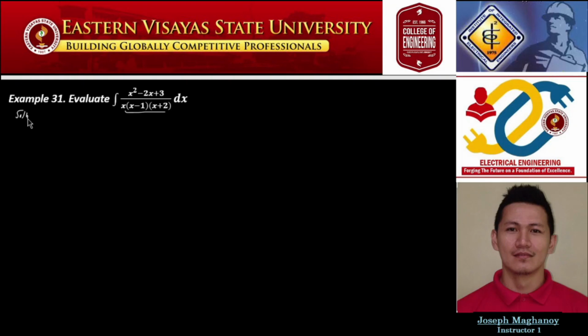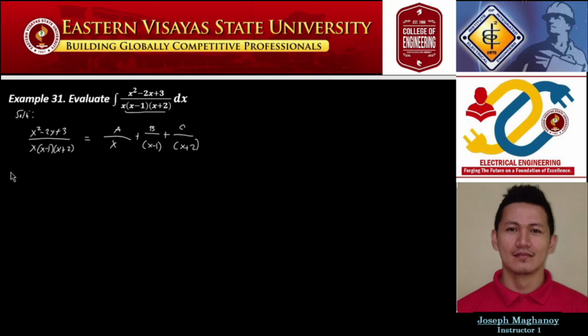For your solution, we rewrite the integral of x squared minus 2x plus 3 all over x, quantity x minus 1, quantity x plus 2. If we rewrite, there are 3 partial fractions: a over x, plus b over x minus 1, plus c over x plus 2. Again, we rewrite this function into LCD format.